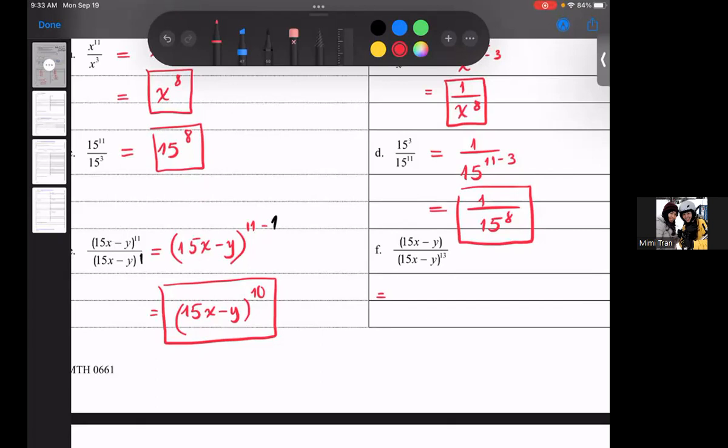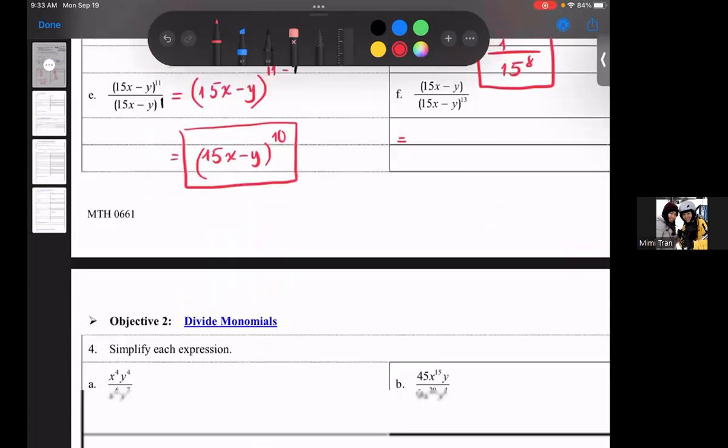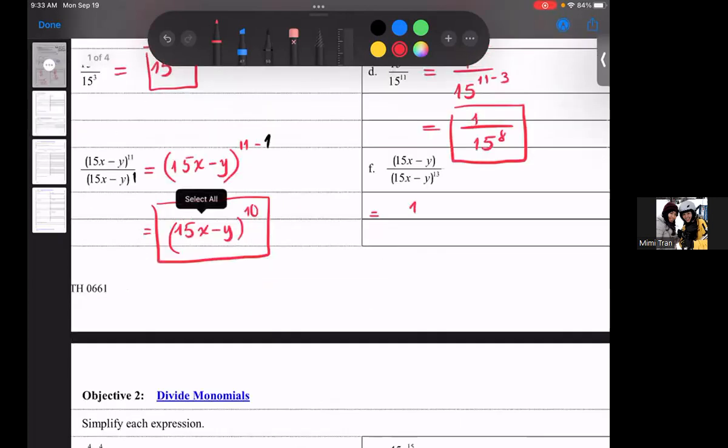What is F? 1 over... to the, yeah, thank you. Everybody got that? Yeah. All right, good.